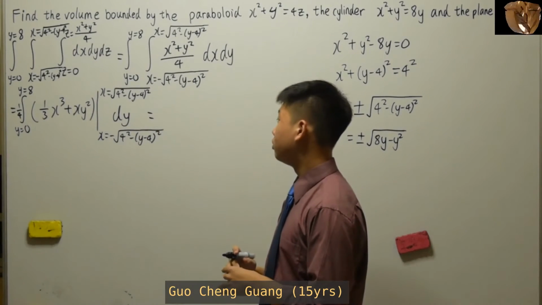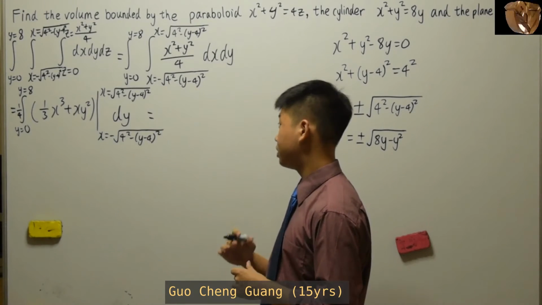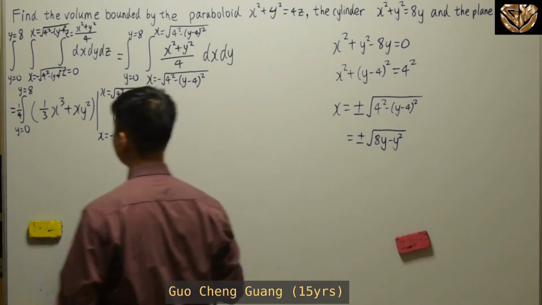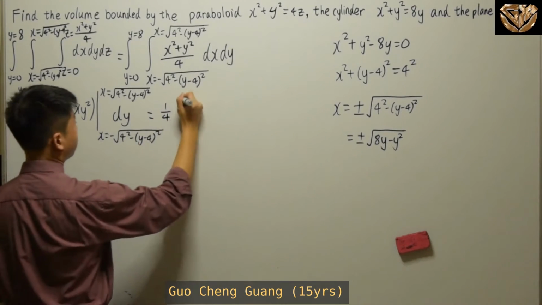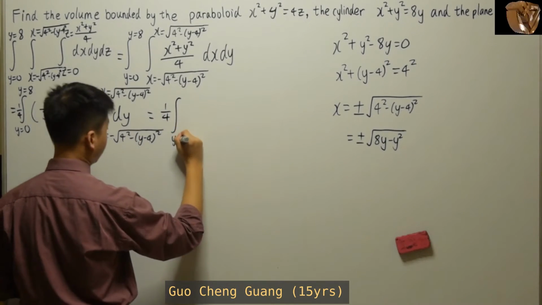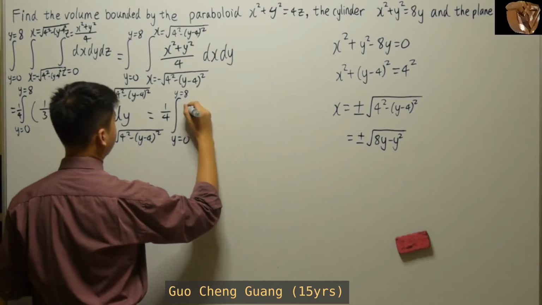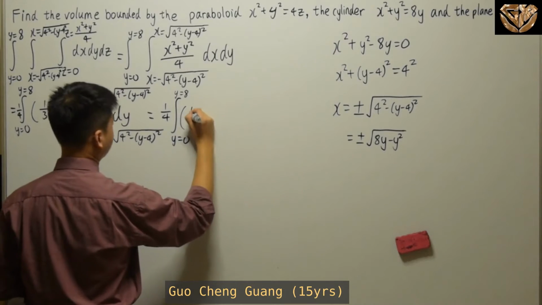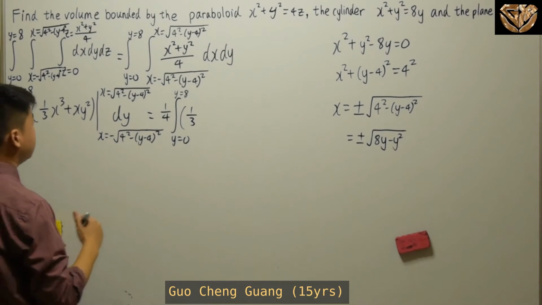Afterwards you could just substitute in the values that you have. So 1 over 4, integrate y from 0 to 8. You're going to have 1 over 3. So substitute in the x value.